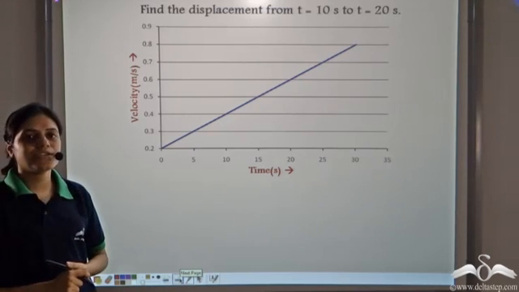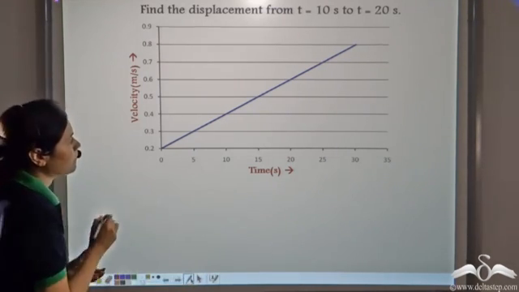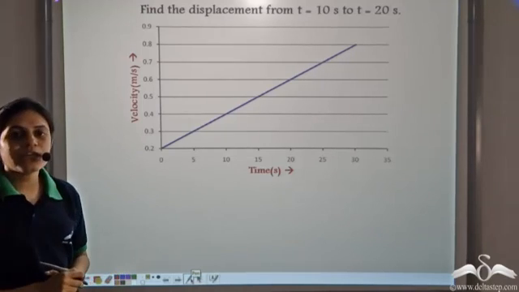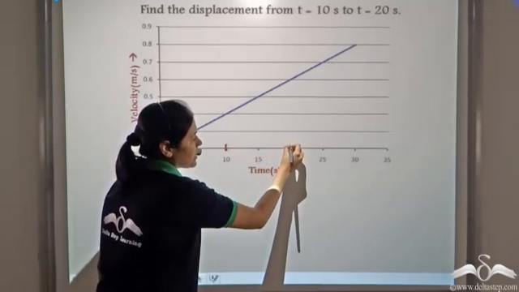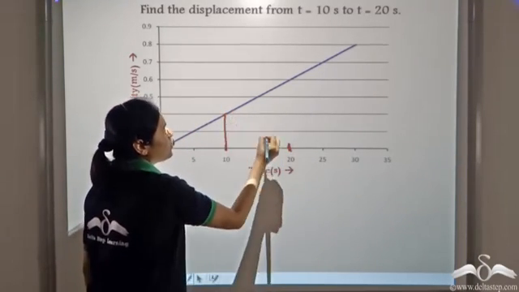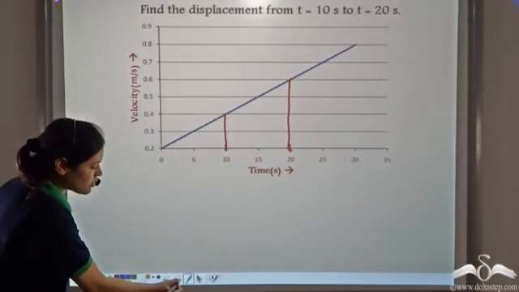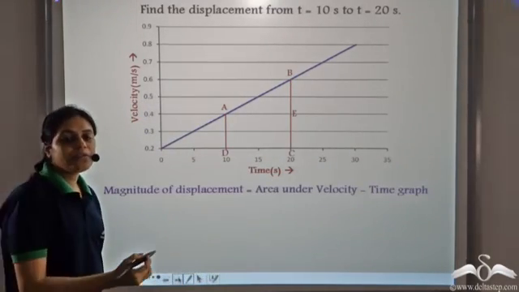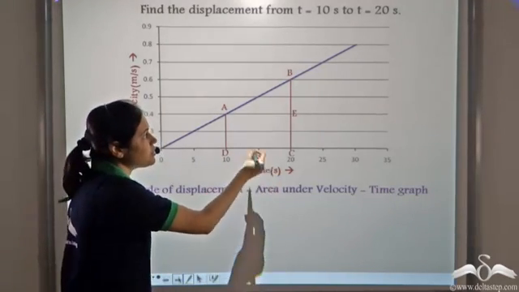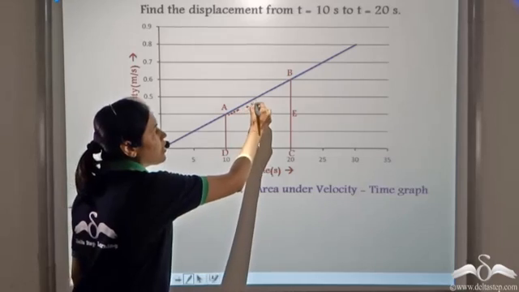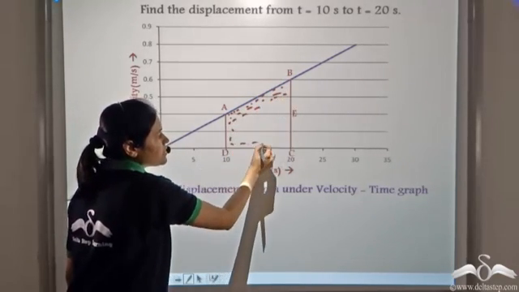Now how do we find the displacement in this type of graph? Let's see. Now we need to calculate displacement from 10 seconds to 20 seconds. We know that magnitude of displacement is equal to area under velocity time graph. Here we want to find the displacement from 10 seconds to 20 seconds. So we need to find the area under the velocity time graph from 10 seconds to 20 seconds.